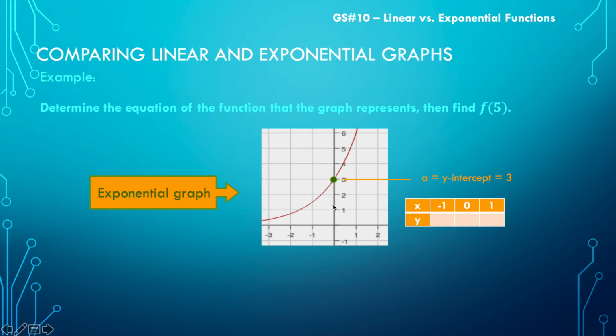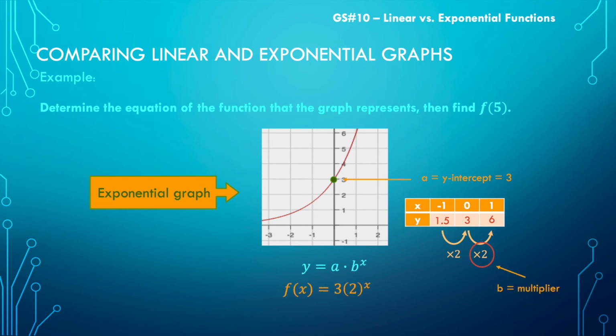I definitely know what the y value is for x equals 0, and I can see what the y value is for x equals 1. So when I fill those in, I can see that the y value is doubling. We're multiplying by 2. So my multiplier is 2, my y-intercept is 3. That means that I can fill in my function. So my function is f of x is equal to 3 times 2 raised to the x.